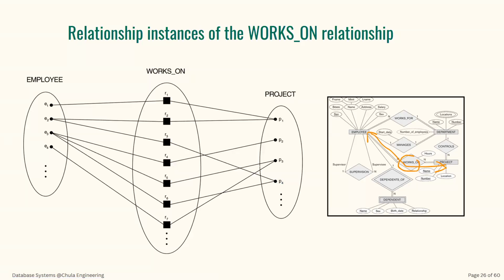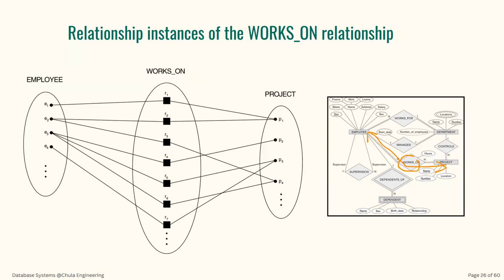Who says many-to-many? Okay, exactly. It is a many-to-many relationship here. You can see that I picked M and N here, M and N on the line. It means that a project can have many employees, and an employee can work on many projects.